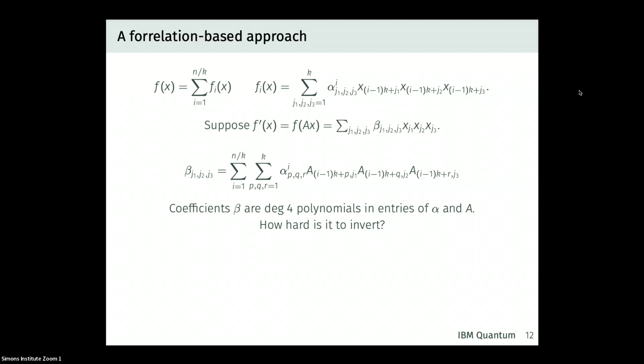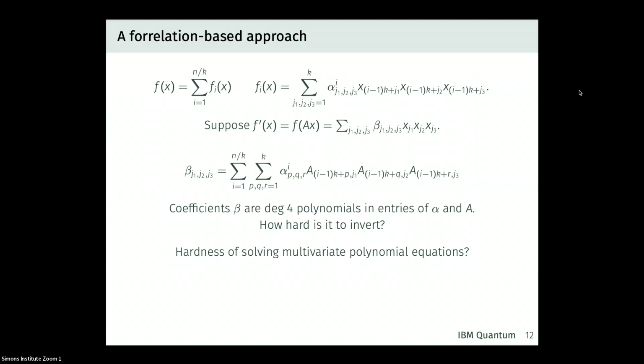What you could try to ask is how hard is it to invert this? If I give you all of these betas, and you know that it has this form, how hard is it to solve and find the alphas and the A's? One thing that we've been trying to show is that this seems related to the hardness of solving systems of multivariate polynomial equations, which in general is classically hard.